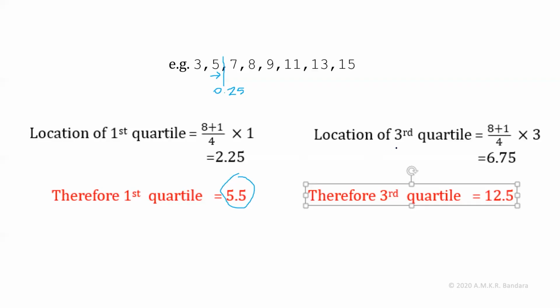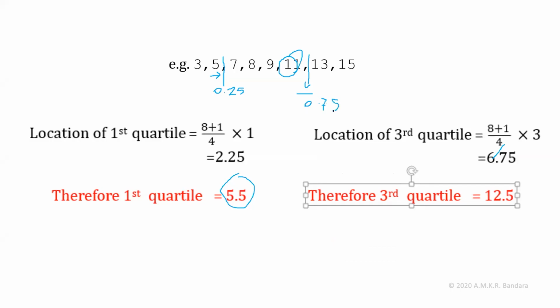Similarly, the third quartile will be at the 6.75th location. Here, first location, second, third, fourth, fifth, sixth. Here it is 6, and the 6.75th location will be there. We have to go 0.75 from the 6th location to find the third quartile.